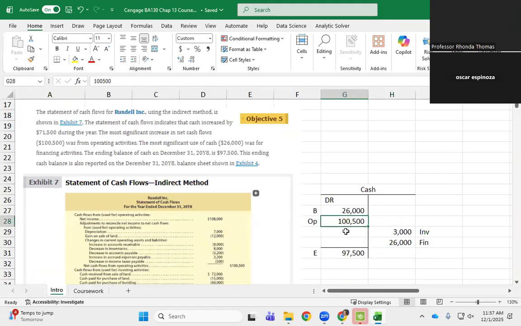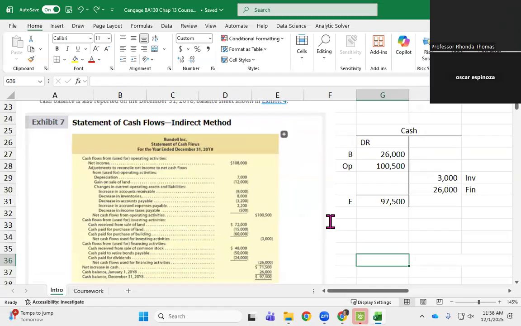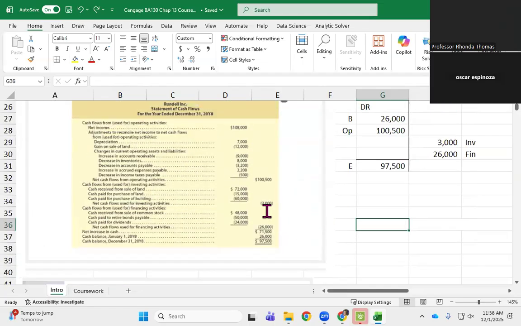I don't know if you could see the screen, but here's what we've got. We had a positive cash flow from operating, the $100,500. We had a decrease in cash. Notice the word used for the investing. So I made 3,000 go down because of investing here.